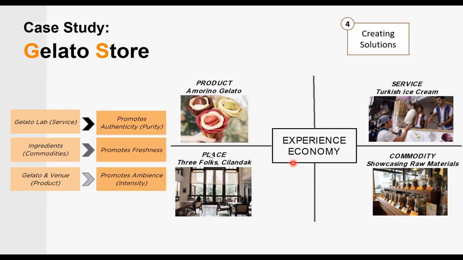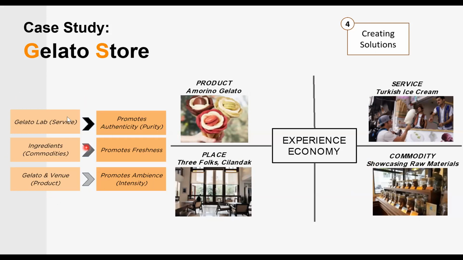And then place. So here we've benchmarked to one of the cafes in Jakarta that is very cozy, very spacious and very, very nice in terms of the ambience. So the four of these experience economy, this makes it what we can do in order to make it above and beyond, right?